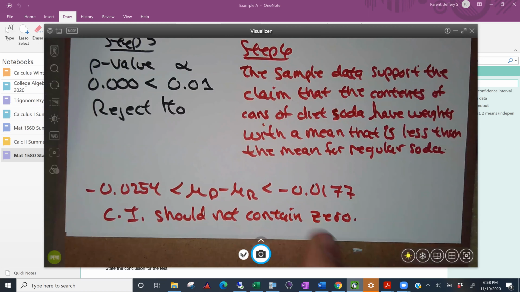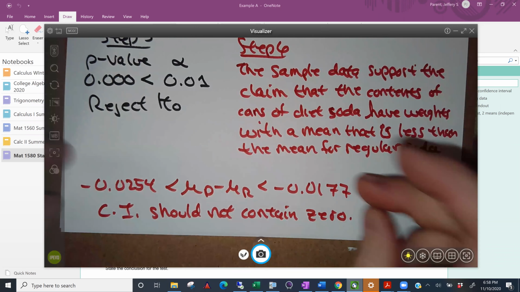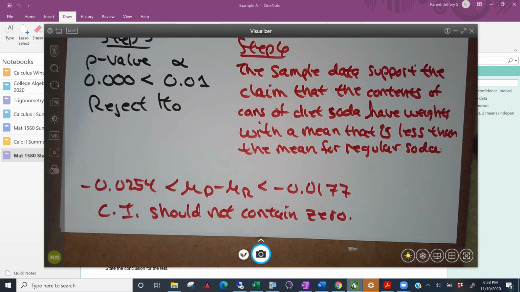Now, it's a little hard to judge things when you have a confidence interval based off of a one-tail test. But if it's a two-tail test, then your confidence interval should exactly match your conclusion from our p-value. But here, it's just kind of reassuring. It's nice to see that those things match.